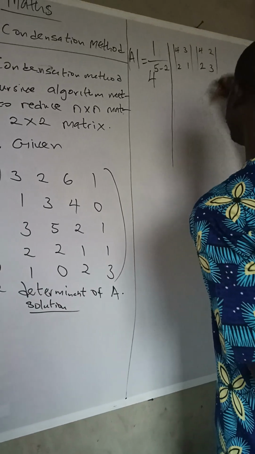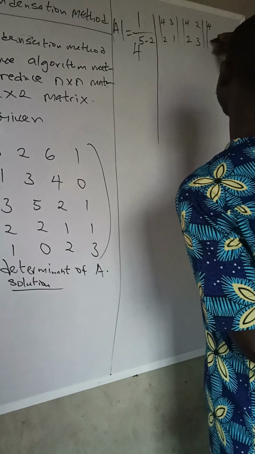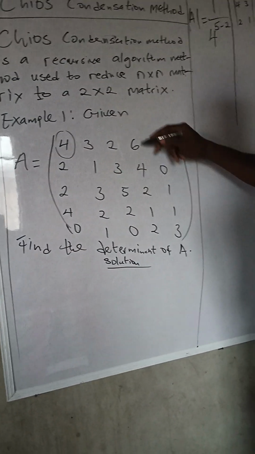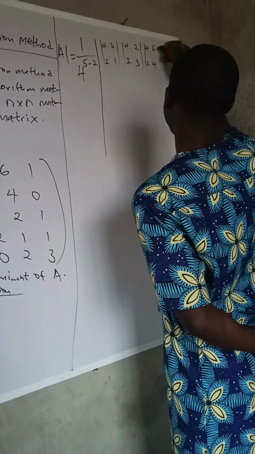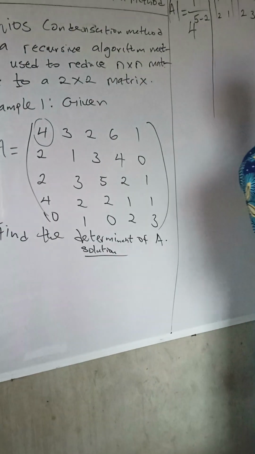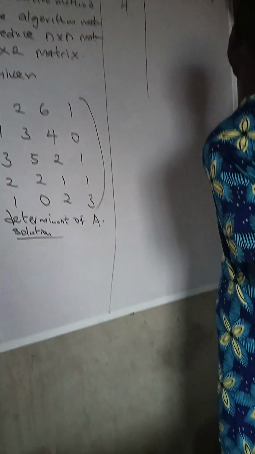Now we have next one, 4, 2. On the fourth column we have 6, 4. And finally we have 4, 2, and then 1, 0.